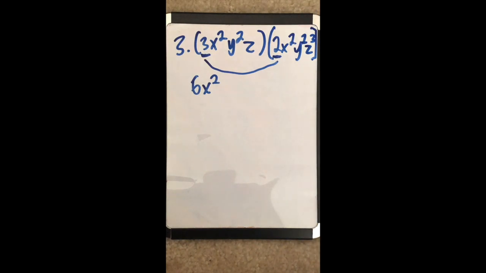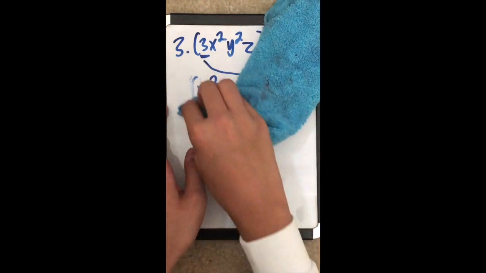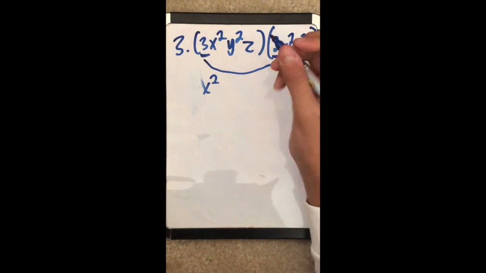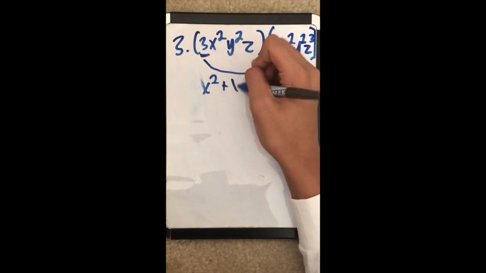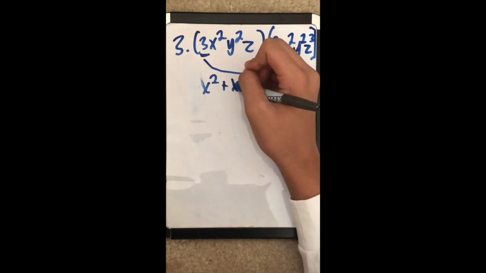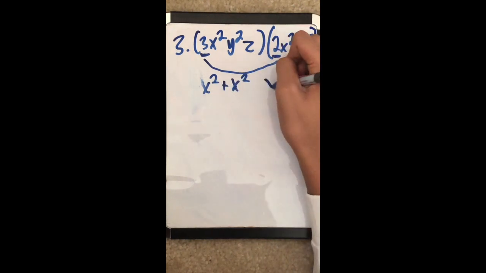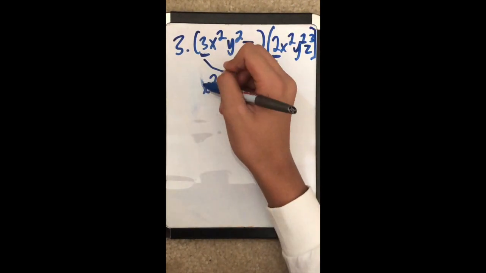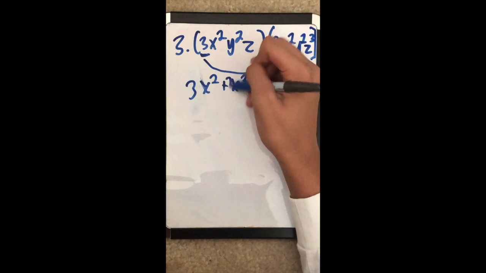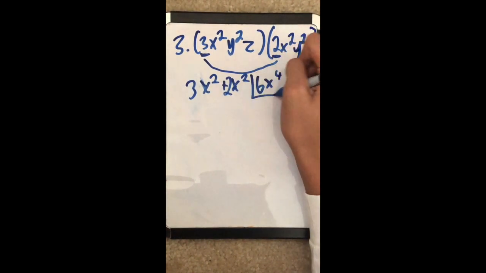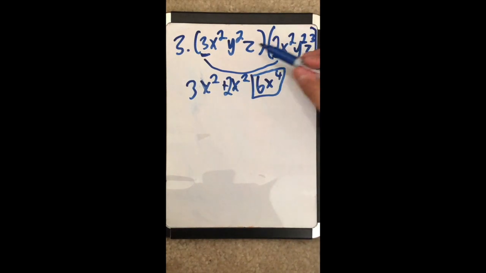I made the mistake of accidentally multiplying first, and there's nothing wrong with that, but I like to do the adding first. So we have x squared plus x squared, and we should get x to the 4. And since 3 times 2 is 6, your answer should be 6x to the 4 for the first part.